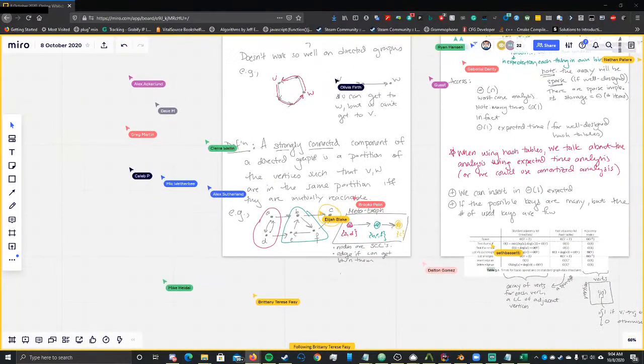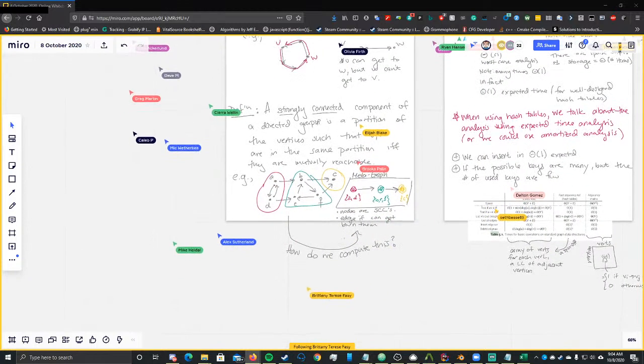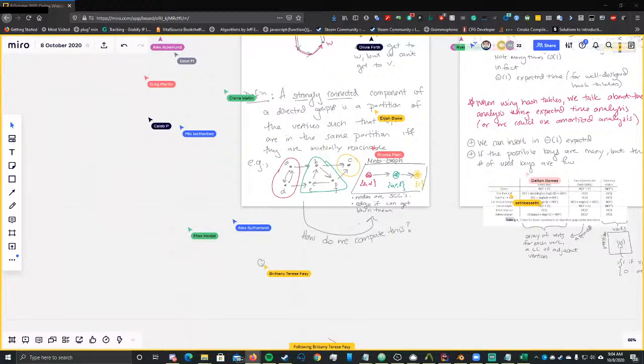But the question is, how do we get this, right? So this is a question. How do we compute this? Let's first think about Q1. Can we figure out what the strongly connected component of a vertex is, right?